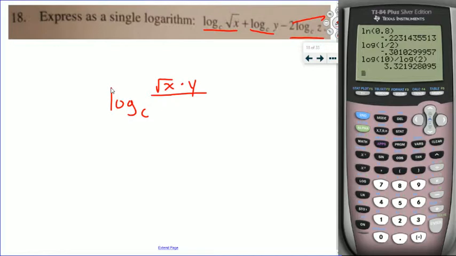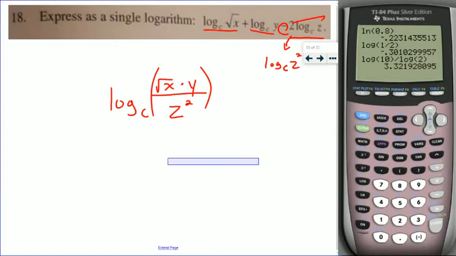So this guy becomes log base c of z squared, but this whole thing is negative, so the z squared wants to go on the bottom. Feel free to throw a big old parentheses around it. And there is our single logarithm. Square root of x times y over z squared. All right, so that's number 18.